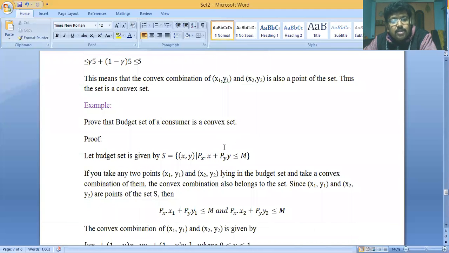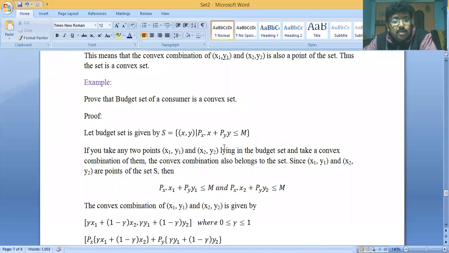Now there is another example that is used in economics. That is, the budget set of a consumer is a convex set. We have to prove that the budget set of a consumer is a convex set. Let the budget set be given as follows: the set of x, y such that px times x plus py times y is less than or equal to m.